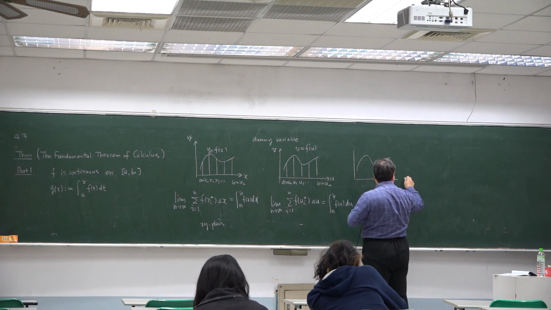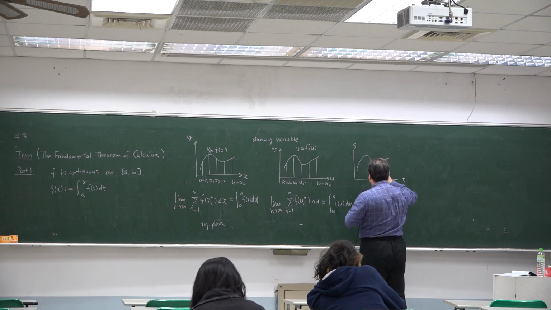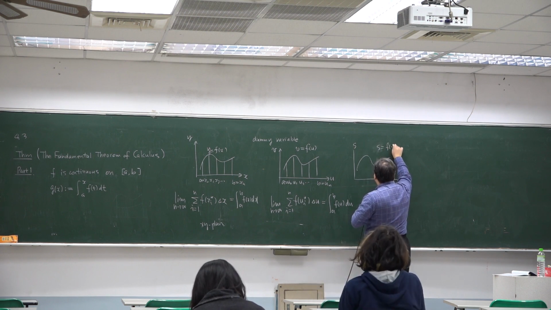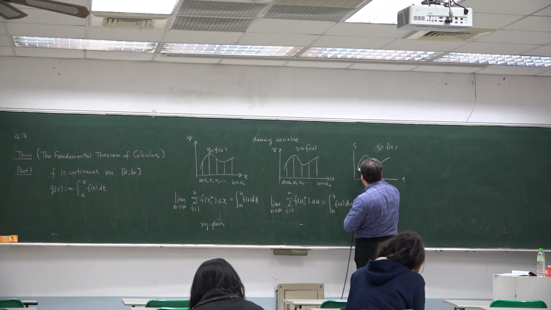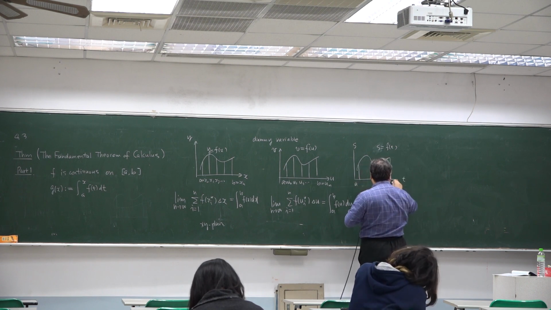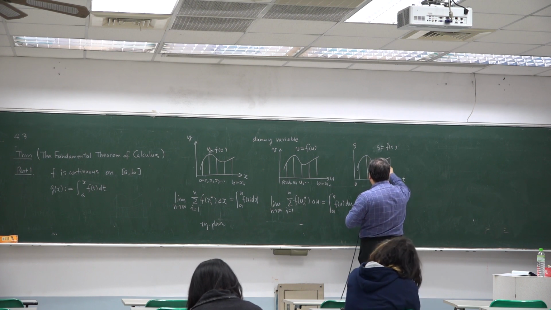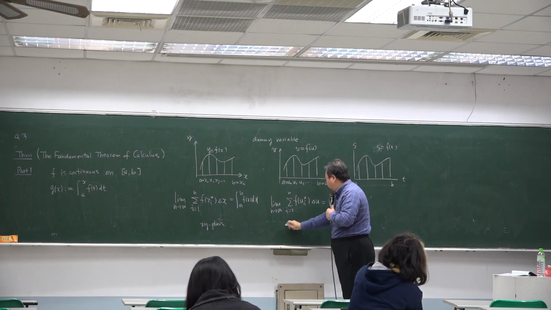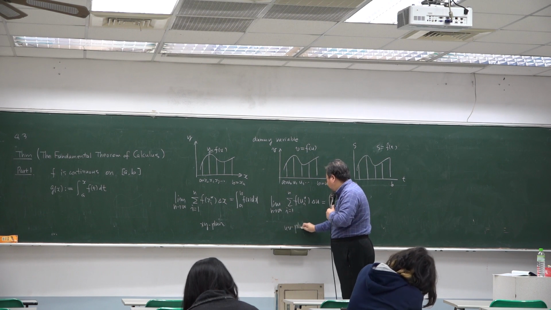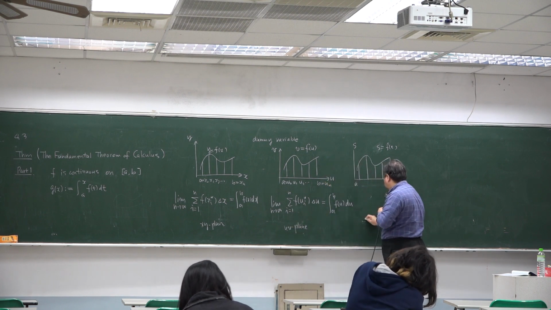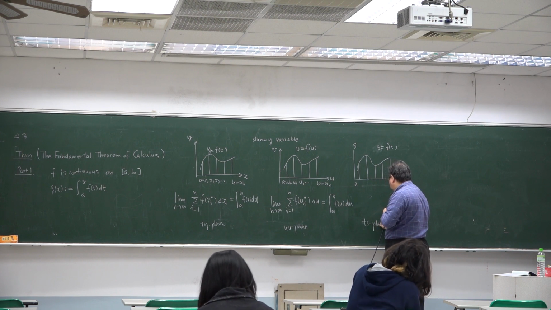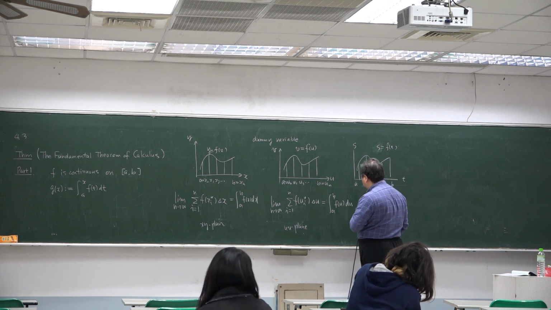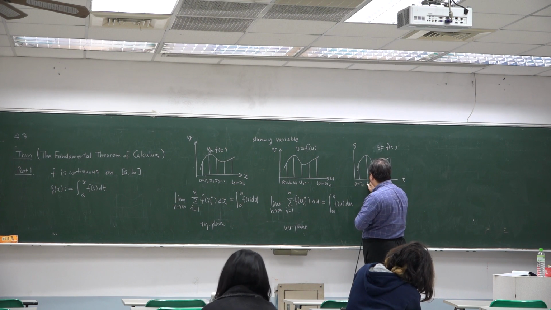Finally, suppose this is the ts plane, s equals f of t, the same function. Again, the same partition. So this is t0, t1, tn equals b.